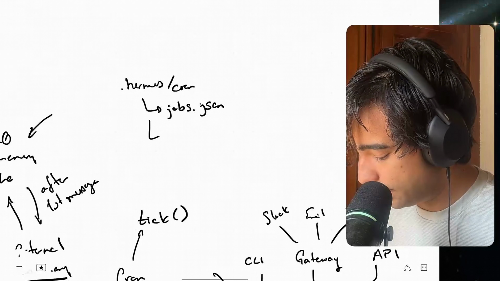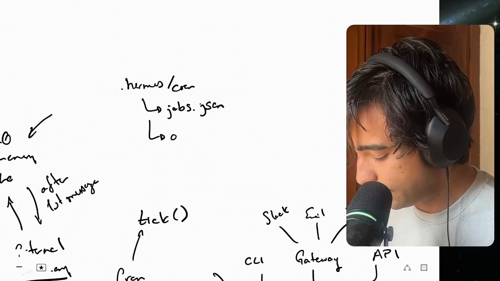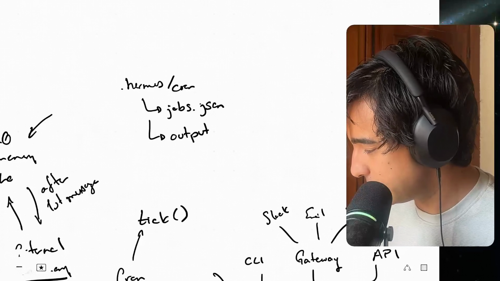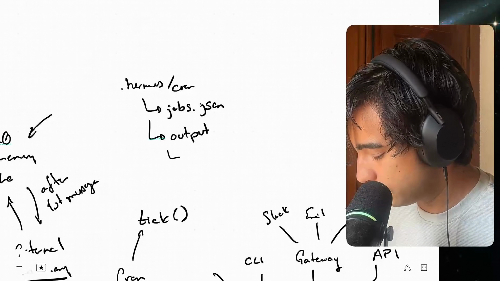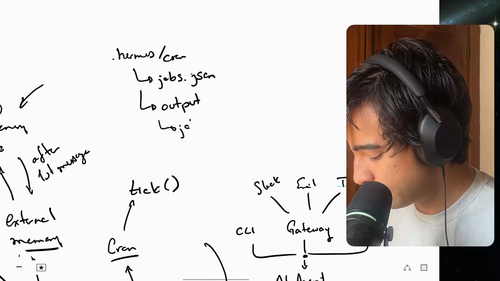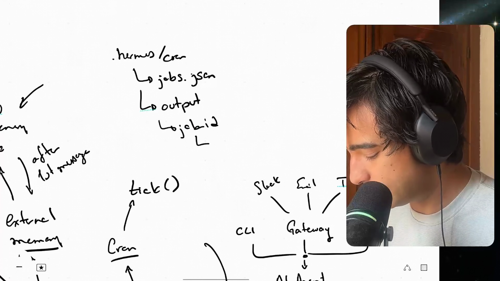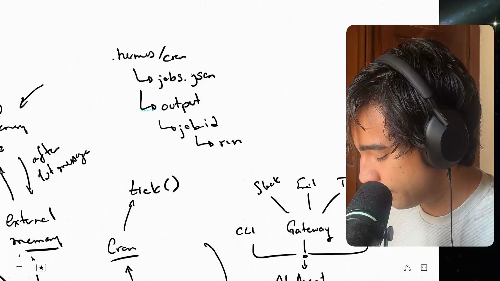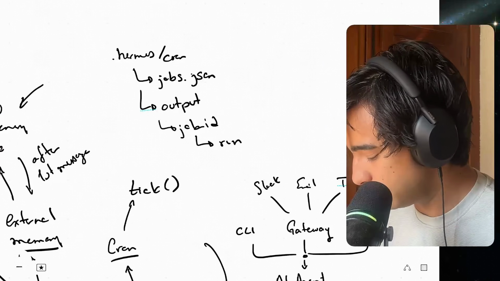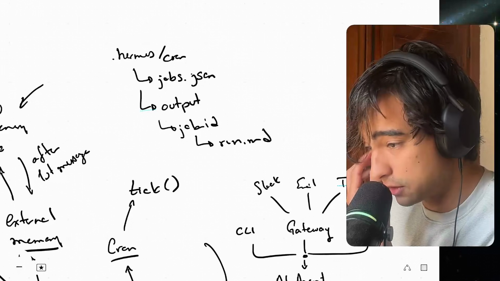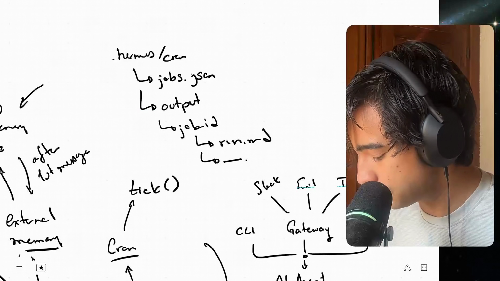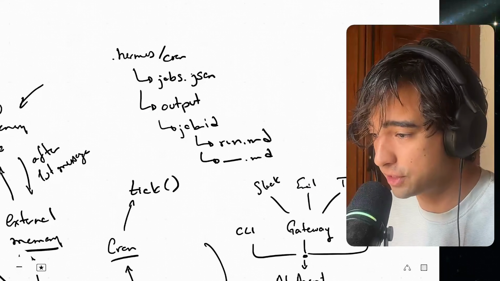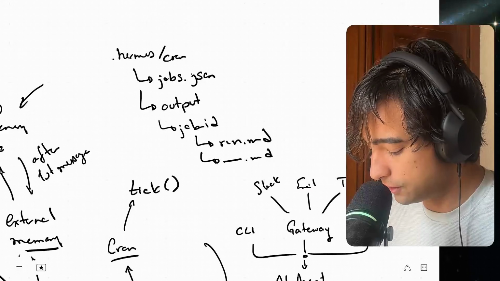Also inside the cron directory, there is an output directory where you will find a bunch of job ID directories, and inside each job ID, you will have each run, the markdown file of all the runs that have happened for this particular job.